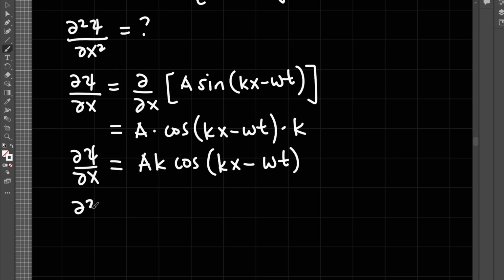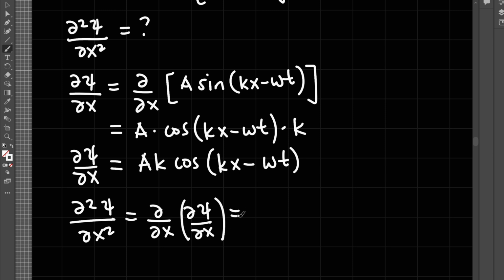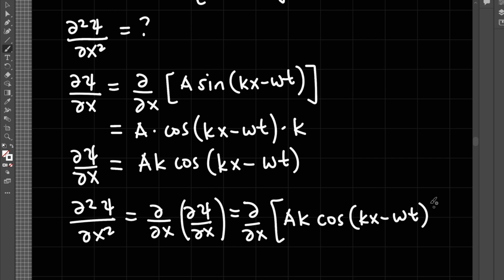Next, let's get the second order partial of psi with respect to x. And this is equal to partial of x of partial of psi over partial of x, which is equal to partial of x of this expression, which is Ak cosine kx minus omega t.